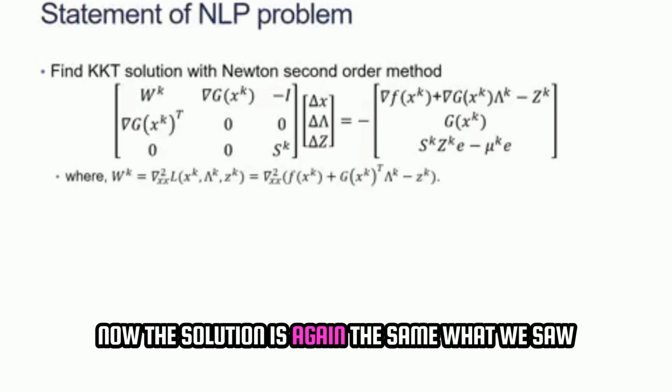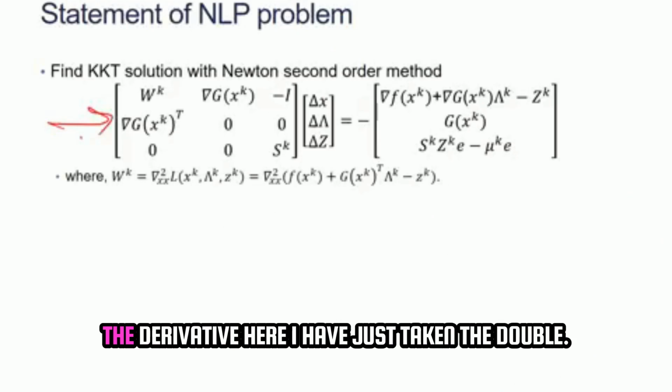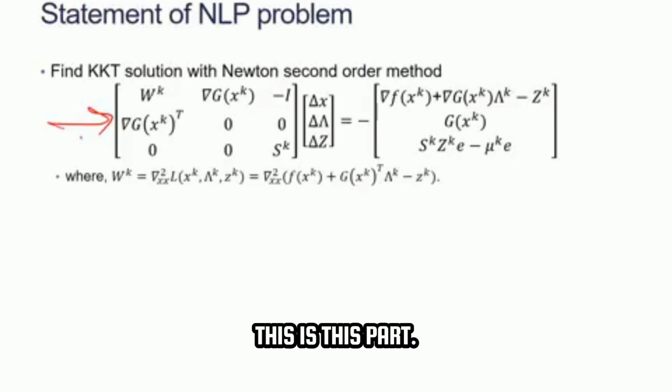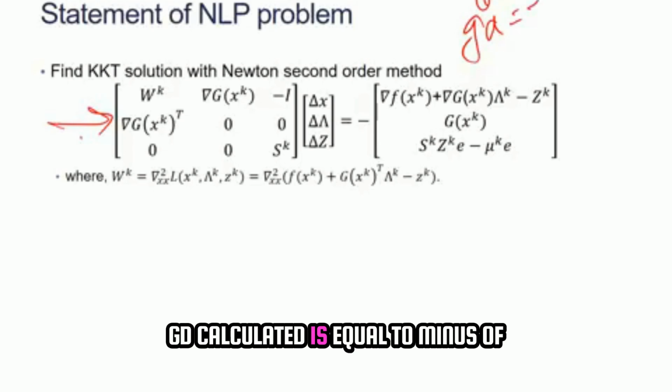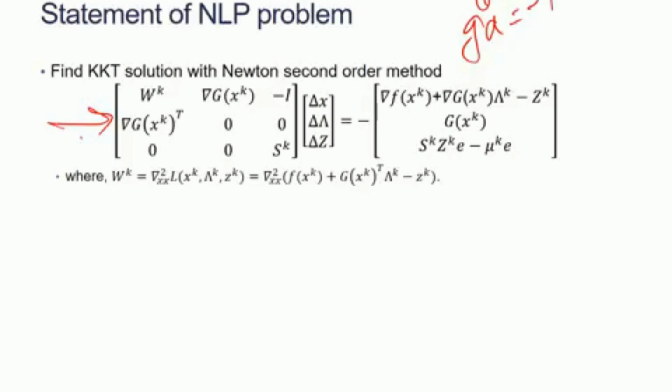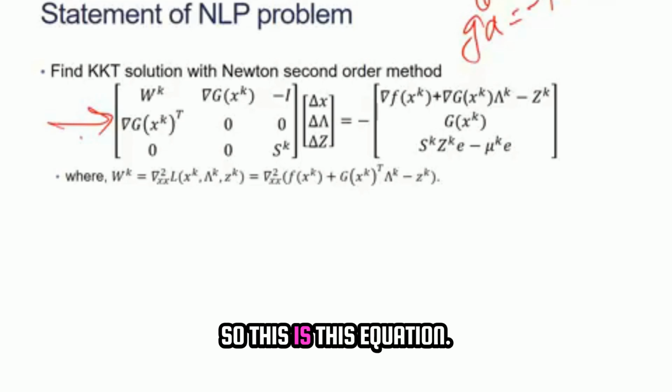Now the solution is again the same as what we saw in the KKT condition, that you have to take the derivative. Here I have just taken the, sorry, this is this part. So basically as we just discussed, GD calculated is equal to minus of h, which is the double derivative, into delta z. So this is this equation.